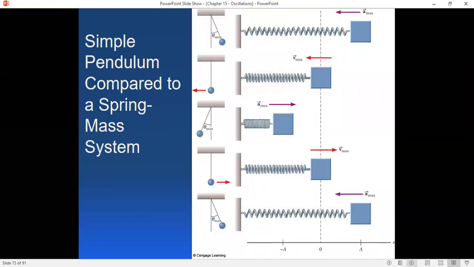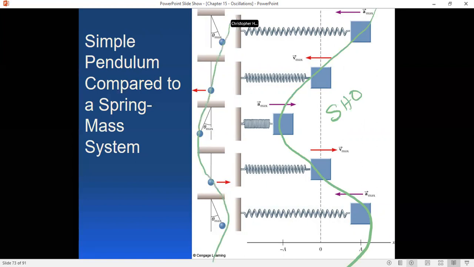So once again, to summarize, here is our simple harmonic oscillator going back and forth. We know that when we trace it out, it follows sort of like this harmonic sine, like the sine or the cosine. And we look at the pendulum, you know, it's pretty much doing the same thing. Okay?